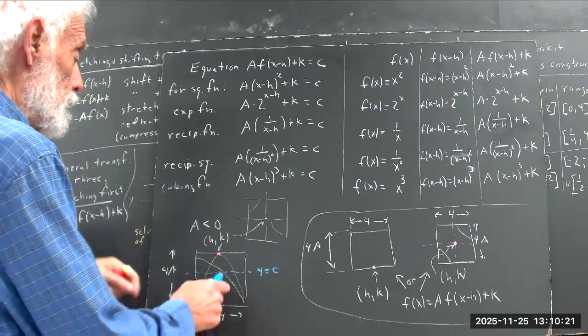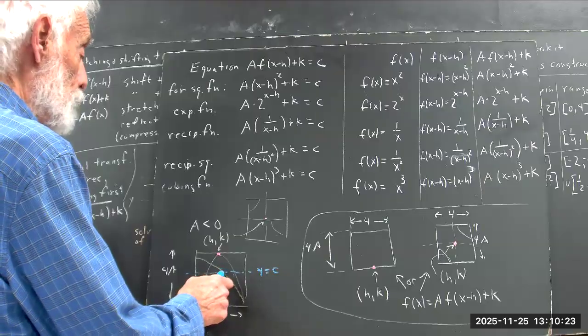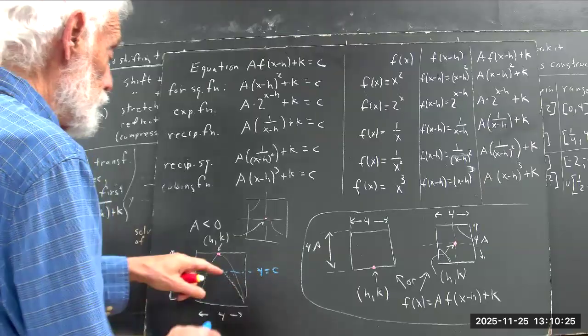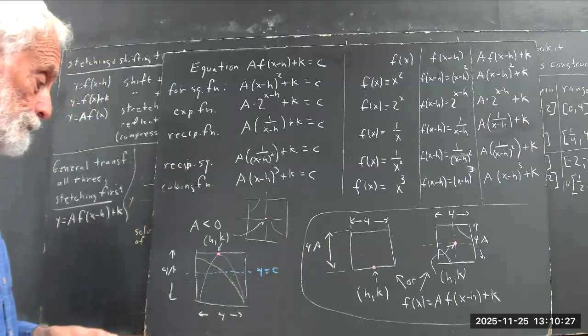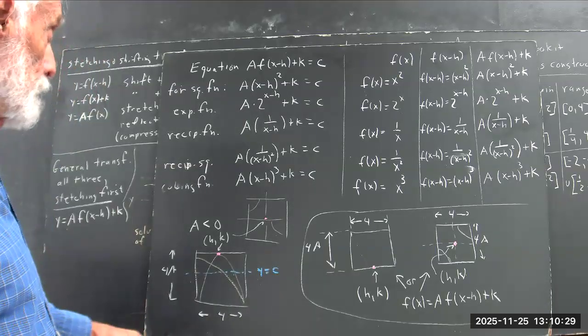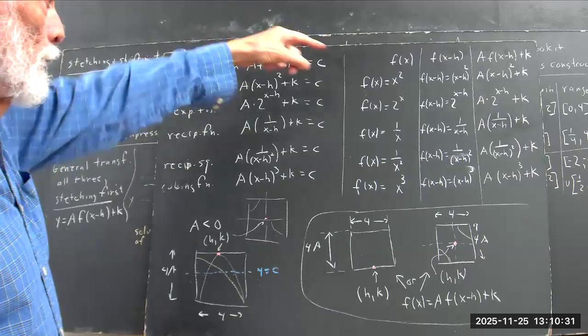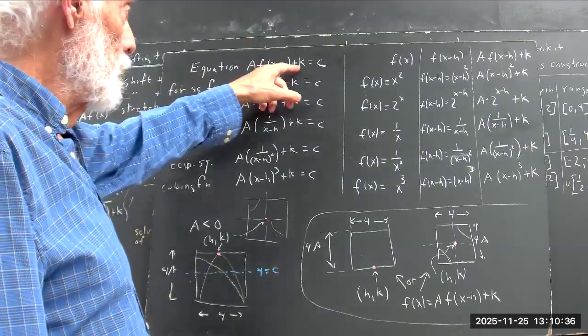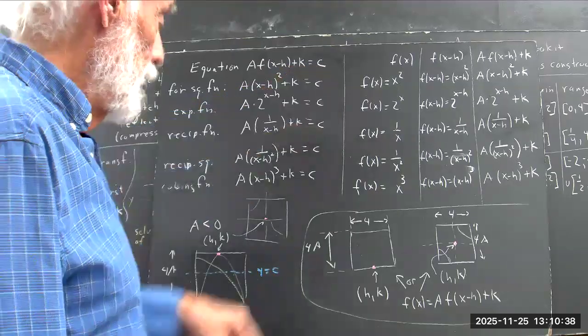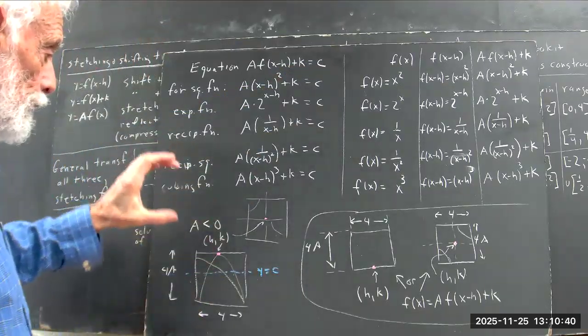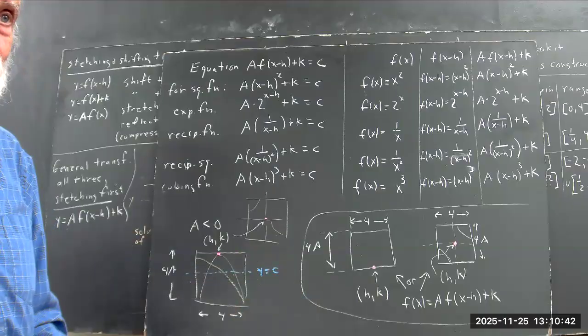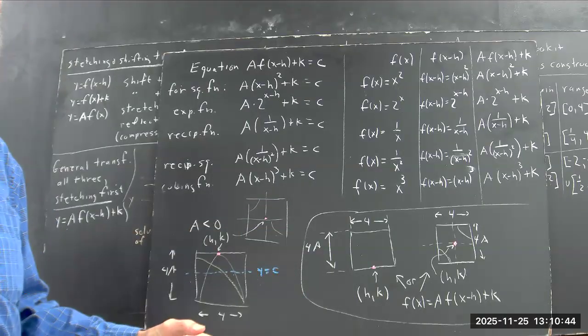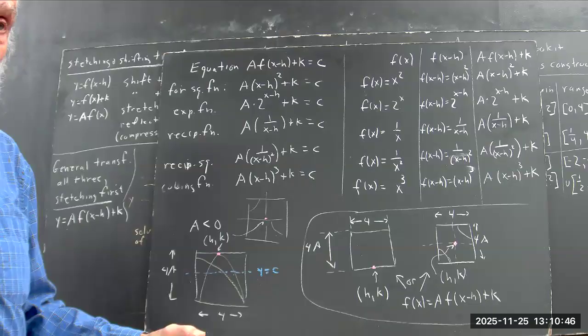Or if it's an exponential function, we want to find the x value for the one point where the y equals c value intersects the curve. And we'll illustrate that shortly. The equation a f of x minus h plus k equals c has an approximate solution that you get just by sketching the graph and doing what you learned to do in the first day, or at least in the first week.